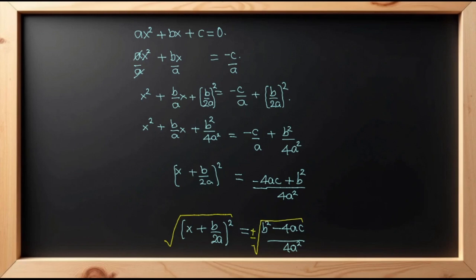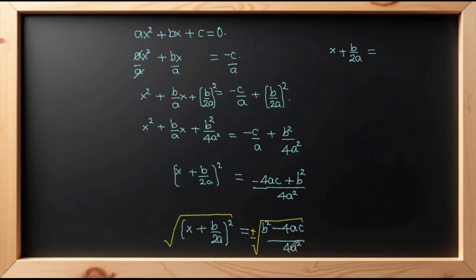The left hand side's root will be x plus b over 2a equals, now the denominator is a square number, meanwhile the numerator is not a square number.